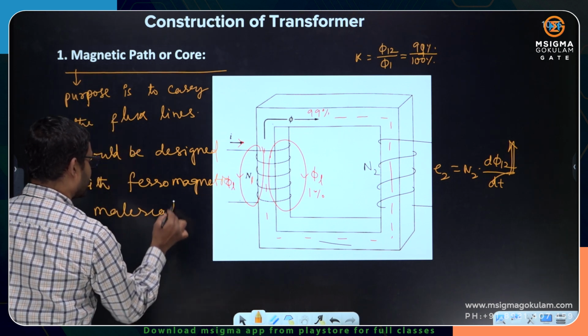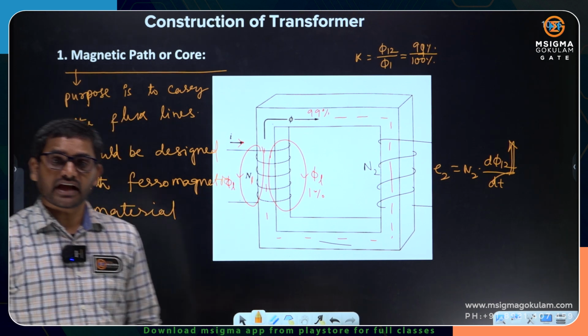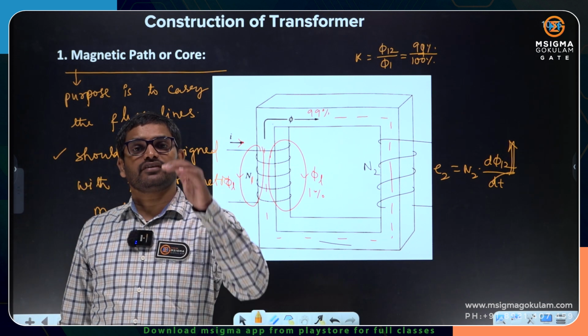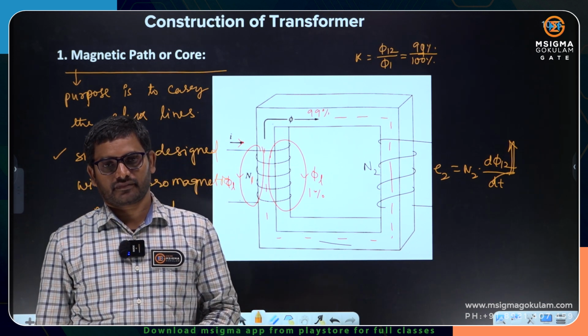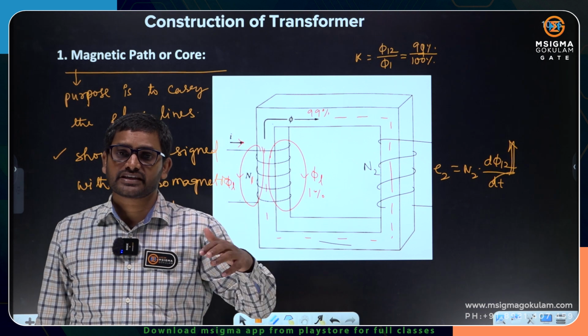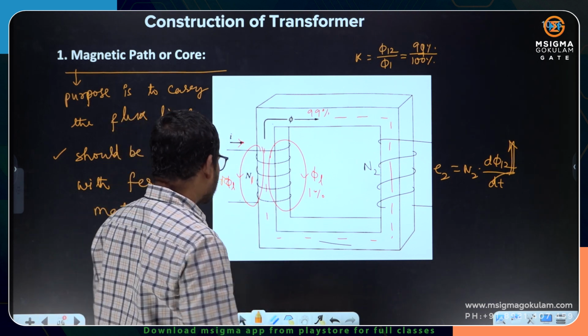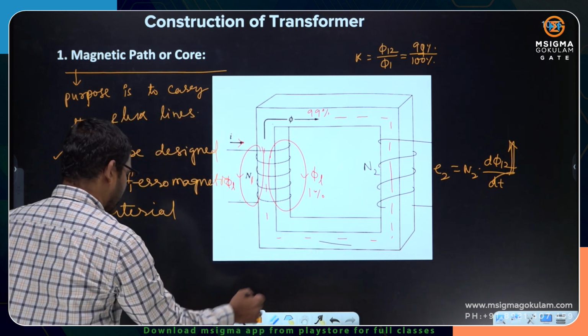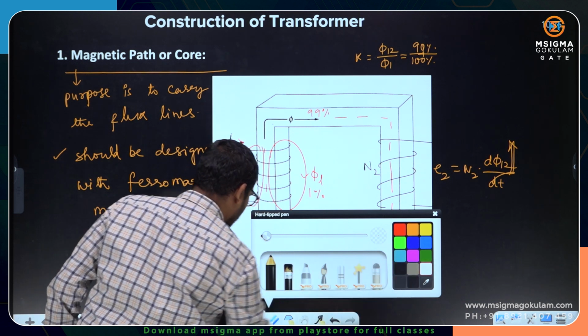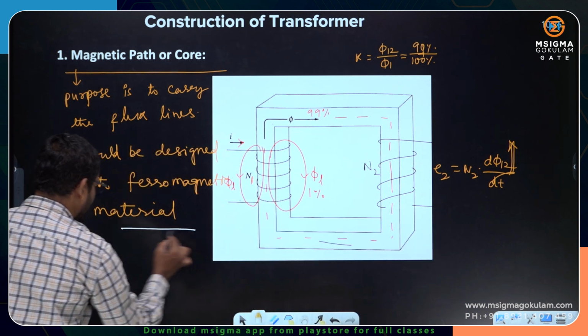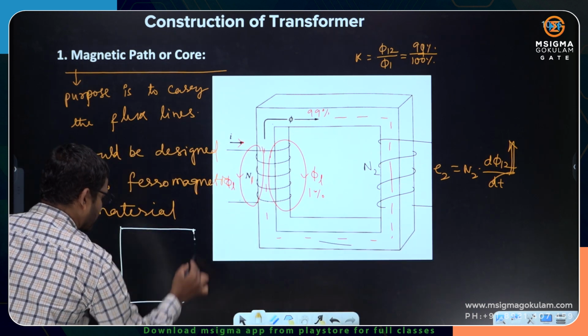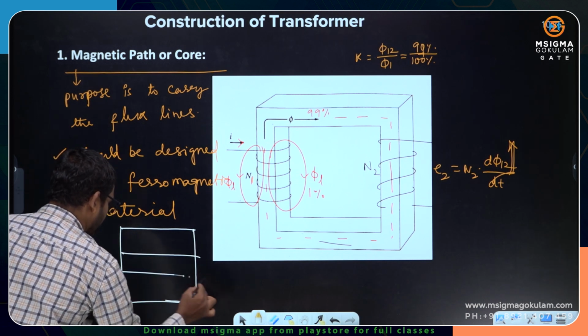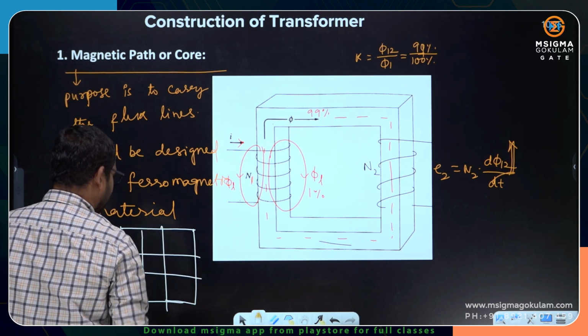Why ferromagnetic material? Because ferromagnetic material is a superior form of magnetic material. It possesses high permeability and low reluctance. Let me show you the ferromagnetic material structure, the dipoles here.